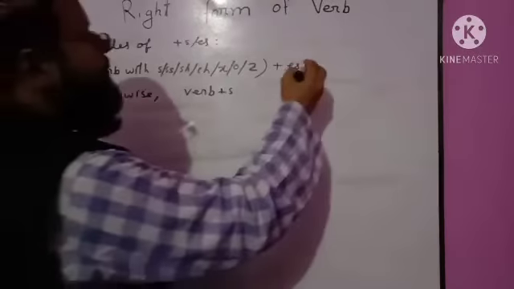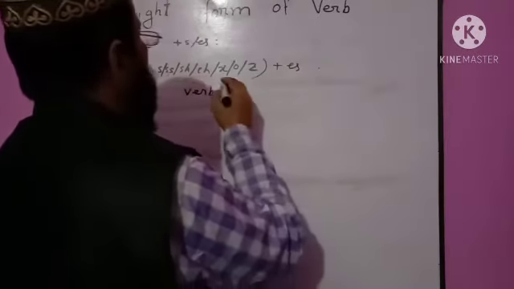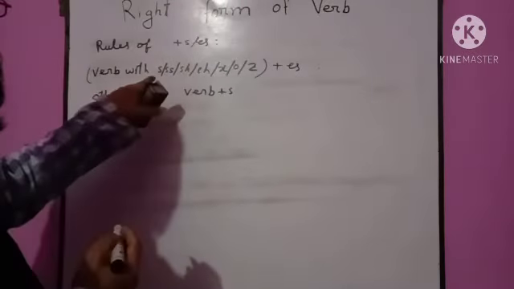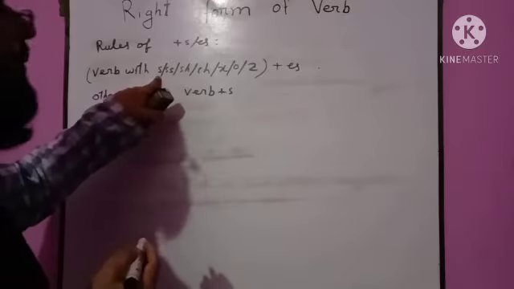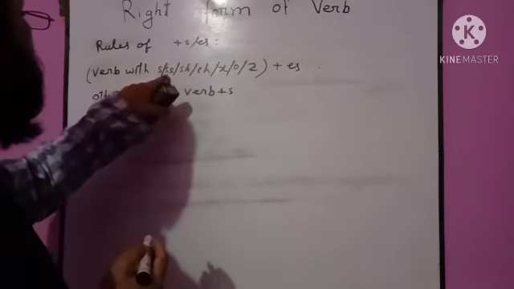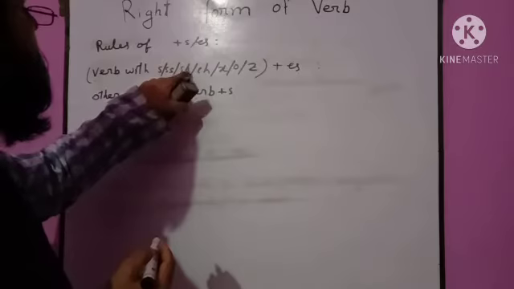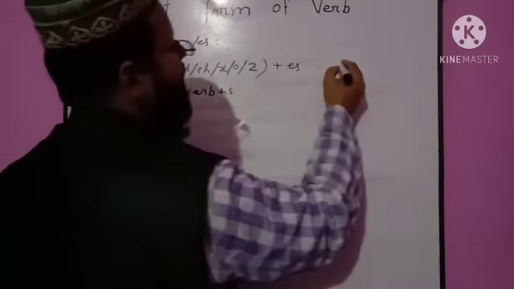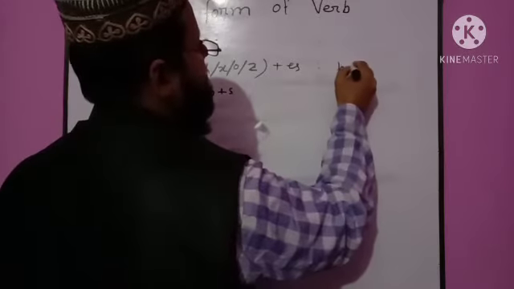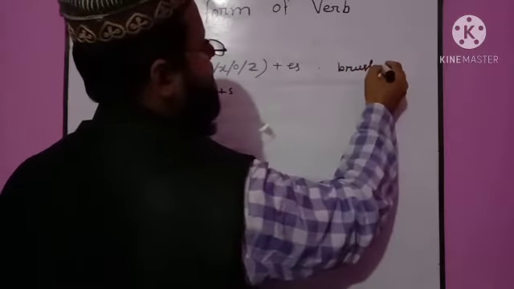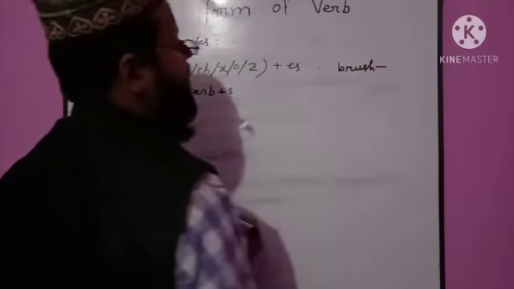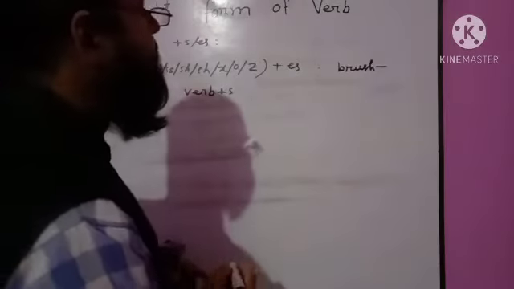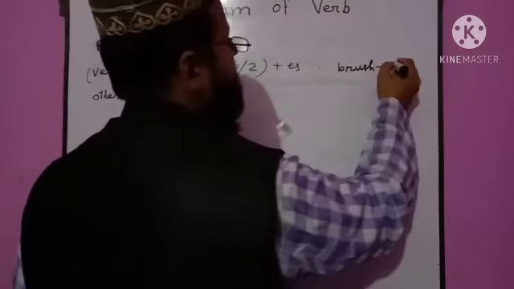For example, the last letter of the verb is s or double s or sh or ch or x or z. For example, brush. When we use the singular form, we shall use brushes.